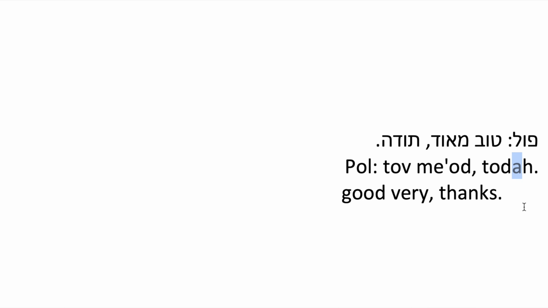All right, and then Daniela says lehitraot, and this means goodbye. Lehitraot. The E is not written, there's no E here, and there is no E behind the H, so you have LH-TR Aleph OT.